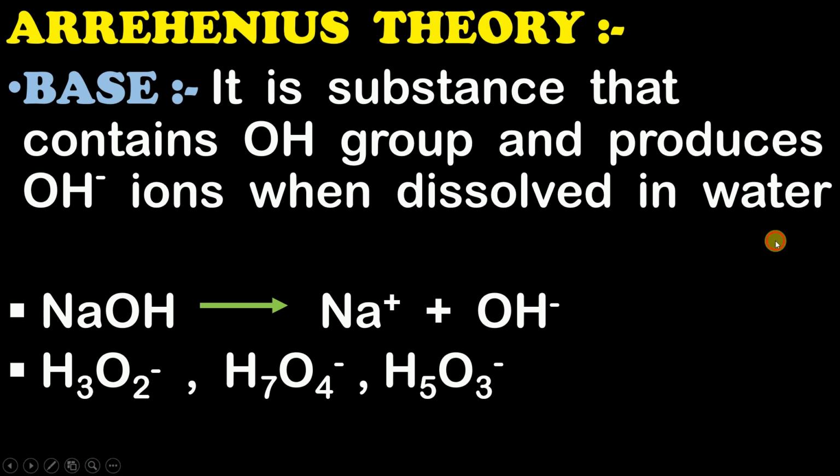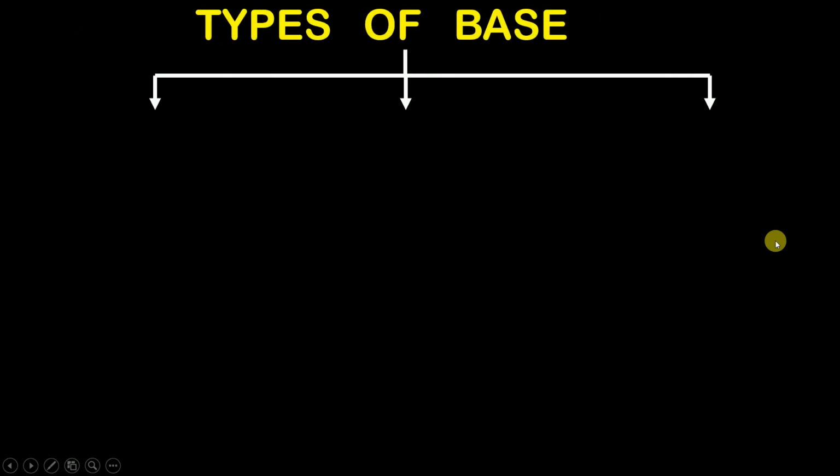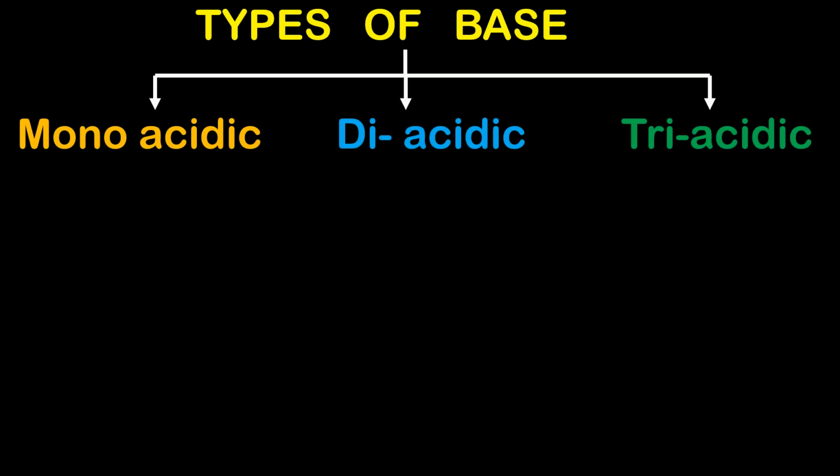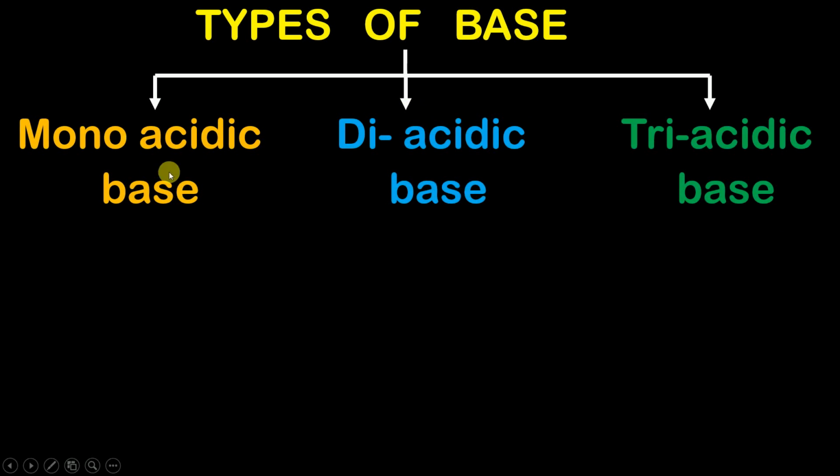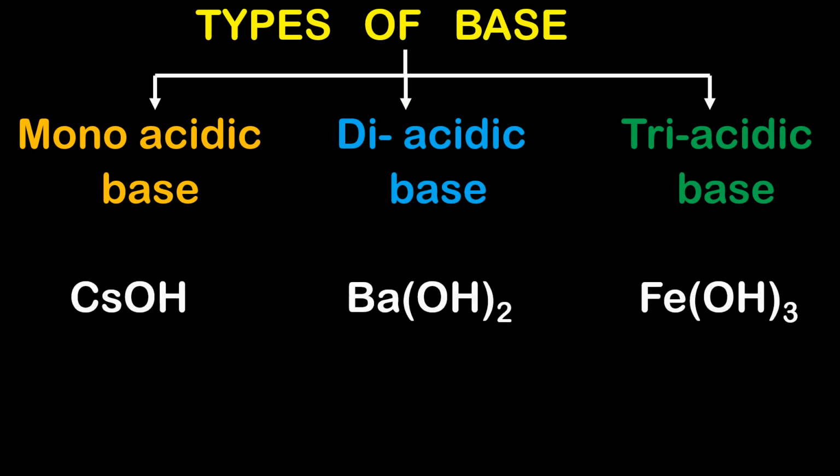Now moving on, just like the acids, we have 3 types of base: the monoacidic base, the diacidic base, and the triacidic base. Now what is a monoacidic base? A monoacidic base is nothing but a base which gives us one OH minus ion after dissociation. For example, your cesium hydroxide.